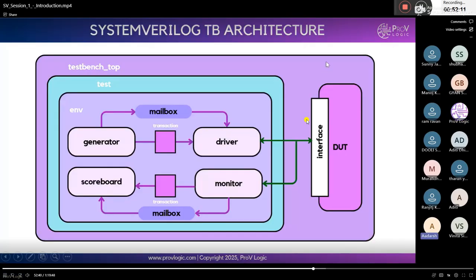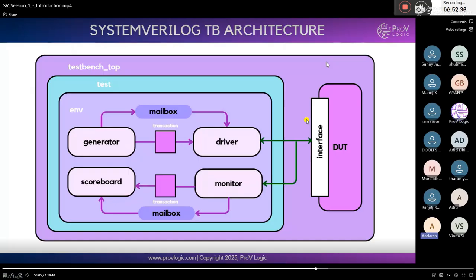So inside top we have test. Inside test we have environment, and this is dynamic in nature. So you have a generator, driver, monitor, scoreboard, and we use mailbox for transferring data from generator to driver and so on. And there is an interface between the DUT and the environment.